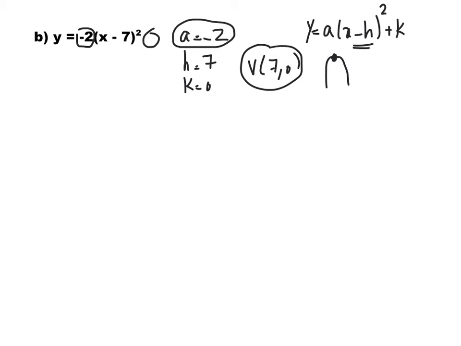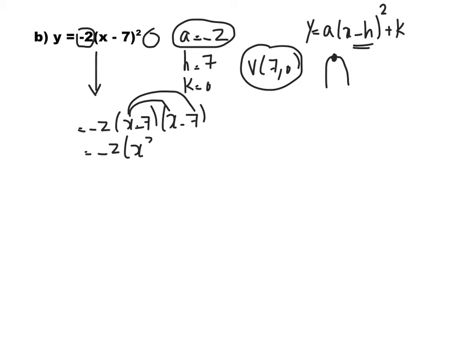Now, to find the standard form, I'm going to write this one as negative 2 times (x minus 7) times (x minus 7). Now I'm going to multiply every term of the first bracket with every term on the second bracket. So my arrows goes x times x gives me x squared.